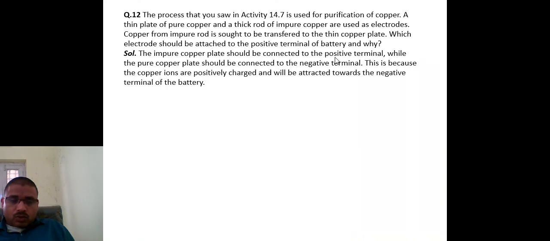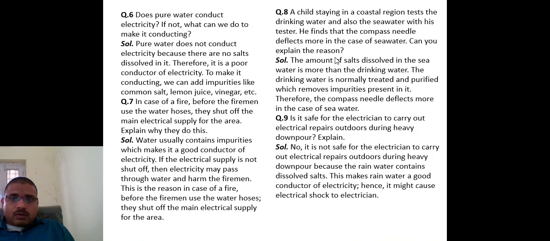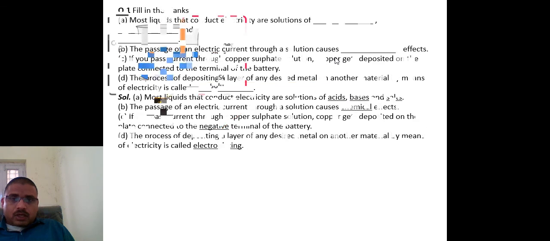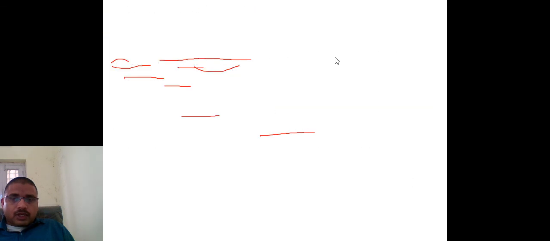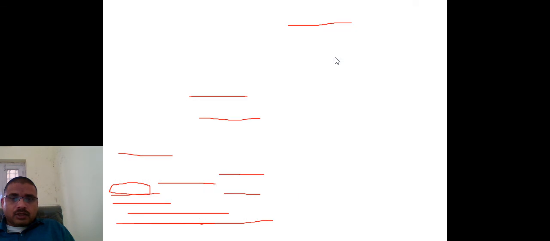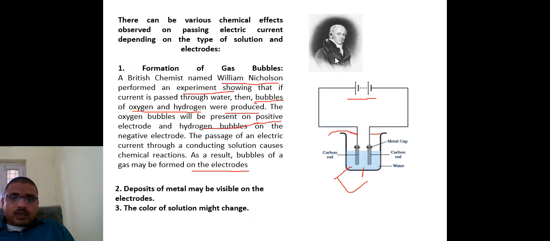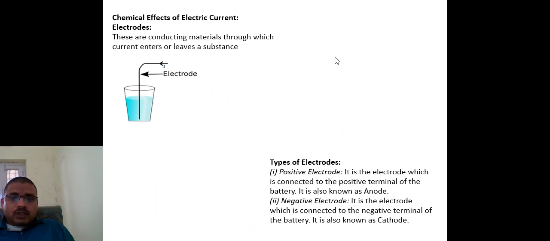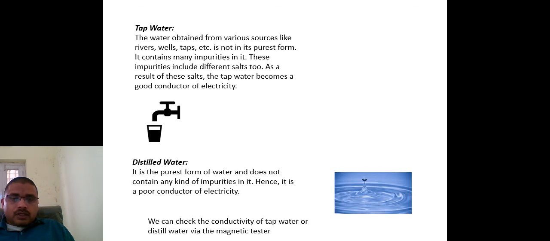Now, three things are very, very important, as I already told you. These things are basically what the chemical effect of electric current is, how it is observed, and what the different electrodes are. That means which kinds of liquids conduct electricity. And what is the difference between water and tap water?